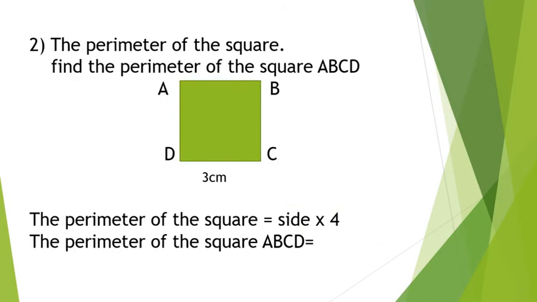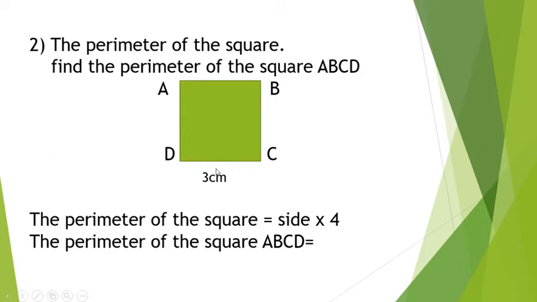The perimeter of square. To find the perimeter of square, find the sum of lengths of its sides, or multiply side length by 4. Then the perimeter of the square equal side by 4.